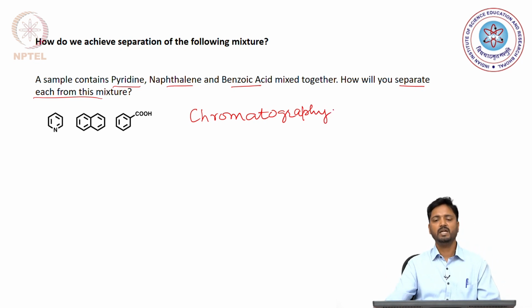While chromatography is of course one of the techniques that we can employ, you should also try to look at the most simple way through which you can separate these compounds, and for that you need to look at the chemical structure of these three compounds.